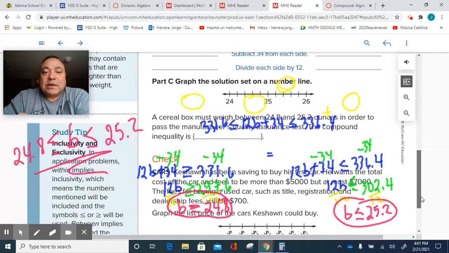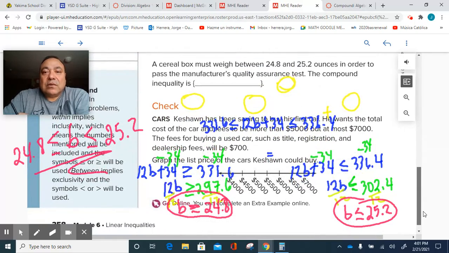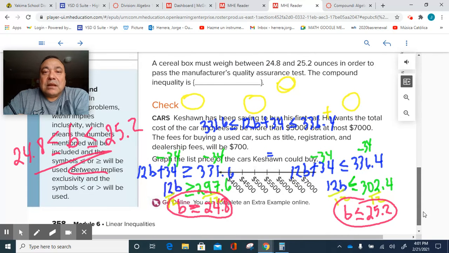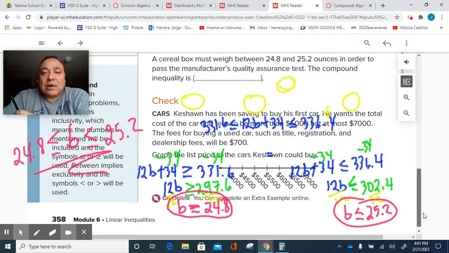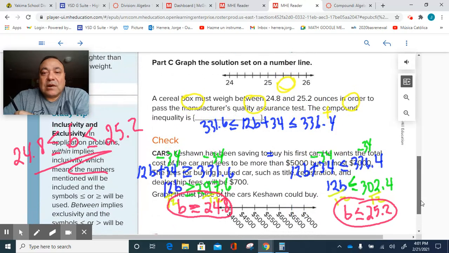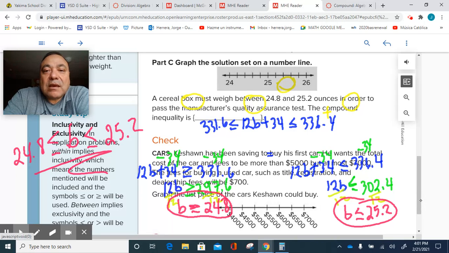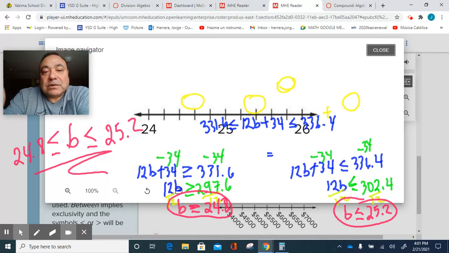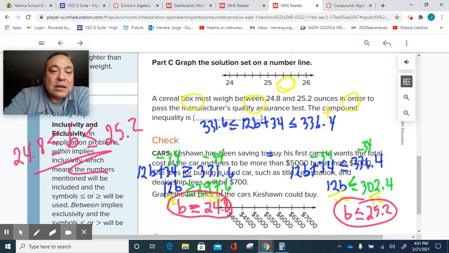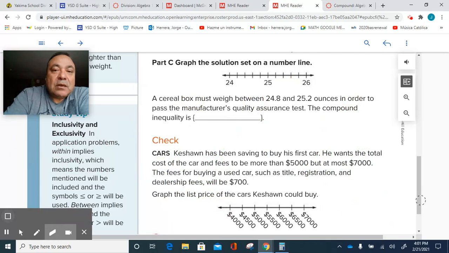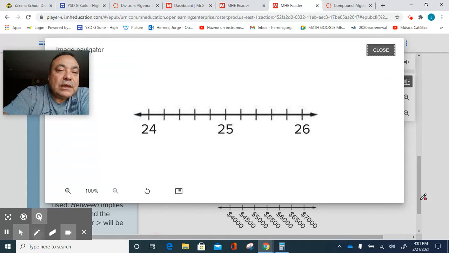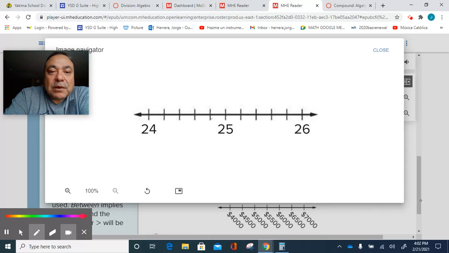We said the compound inequality will be right about there. So we have 24.8 right about here.